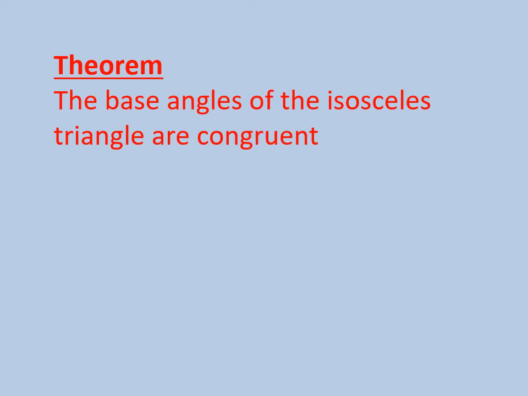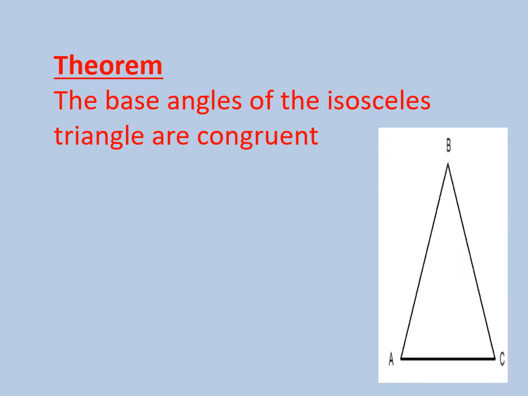Theorem 1. The base angles of the isosceles triangle are congruent. Here we have an isosceles triangle. The two legs are BC and BA.